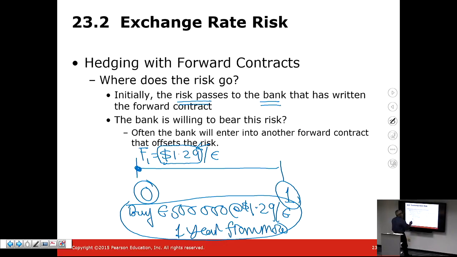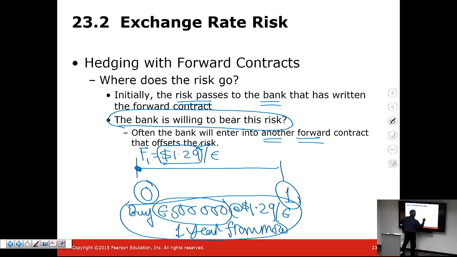Which then brings us to the next question. Why is the bank willing to bear this risk? Because while the bank entered with Manzini a contract to sell 500,000 euros, it may have simultaneously entered into another forward contract to buy 500,000 euros from another client.